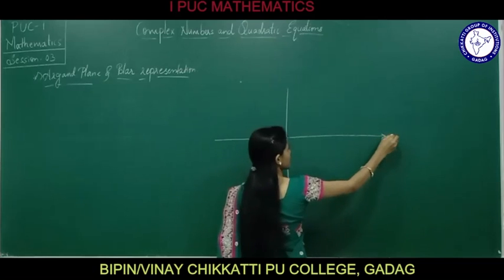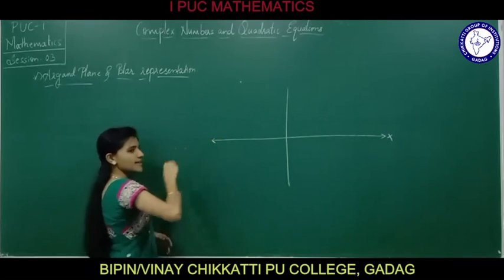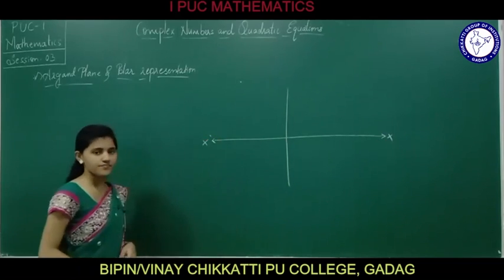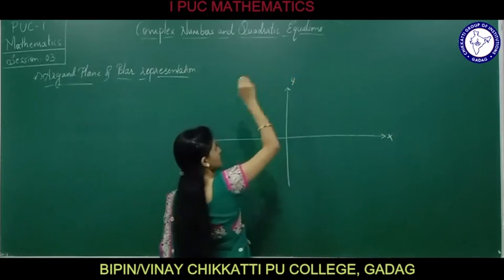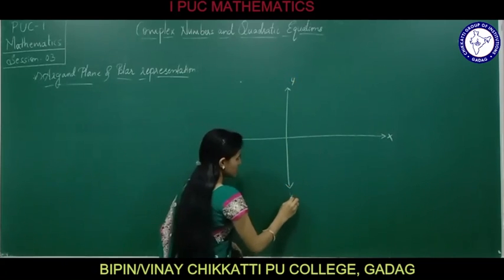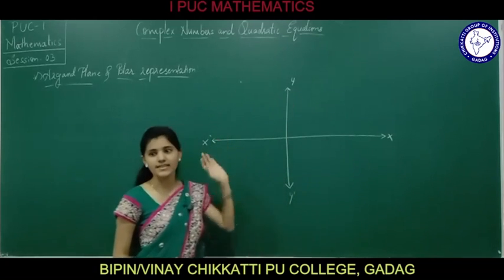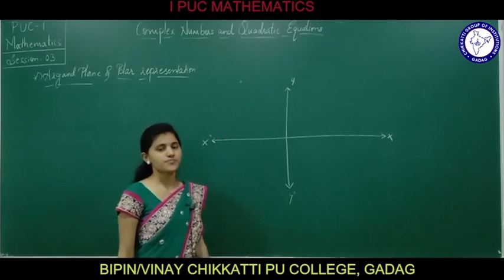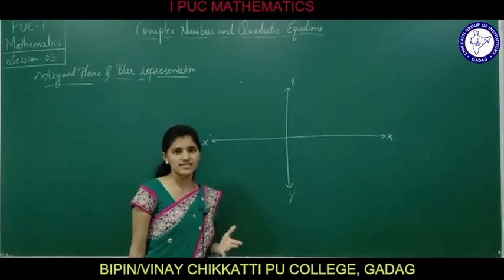This is the positive x axis represented as capital X, and this is the negative x axis represented as X dash, and next this is the positive y axis represented by capital Y, and this is the negative y axis represented as Y dash. What do these arrow marks indicate? These arrow marks indicate that the line still goes on. So now we are studying the representation of complex numbers.